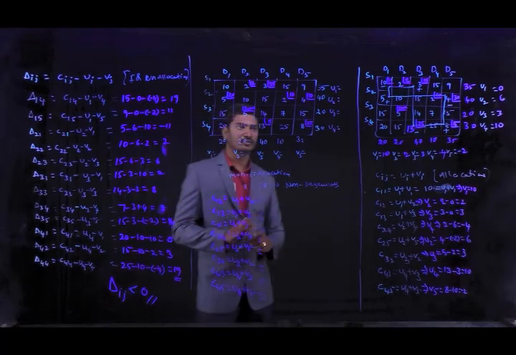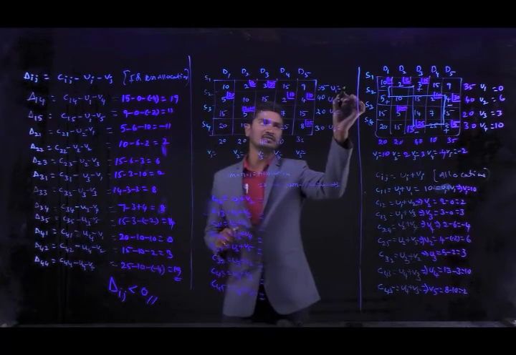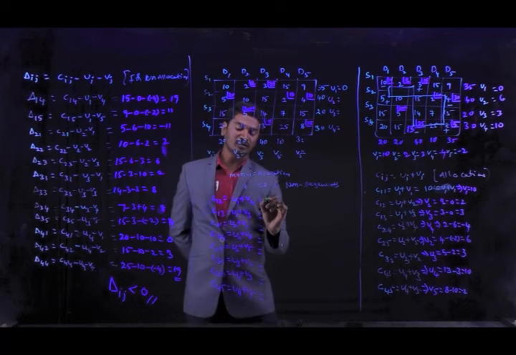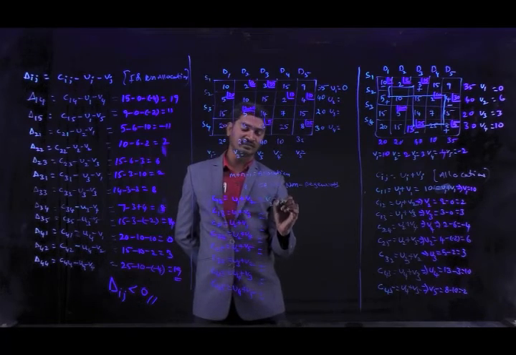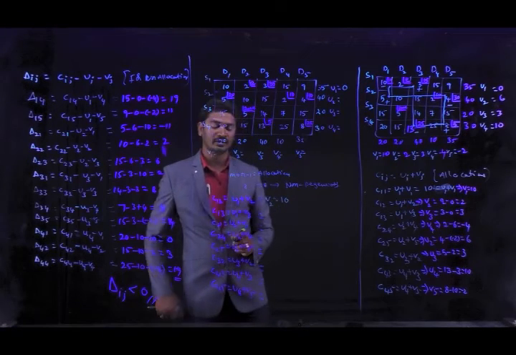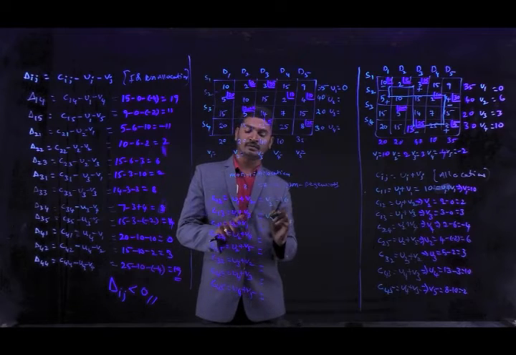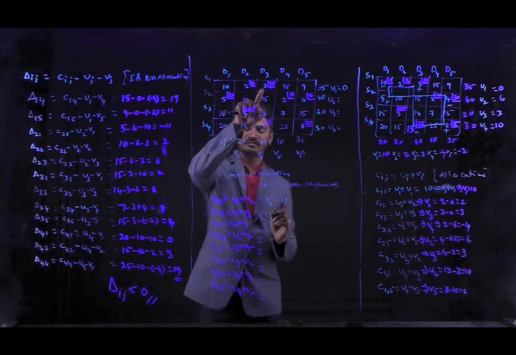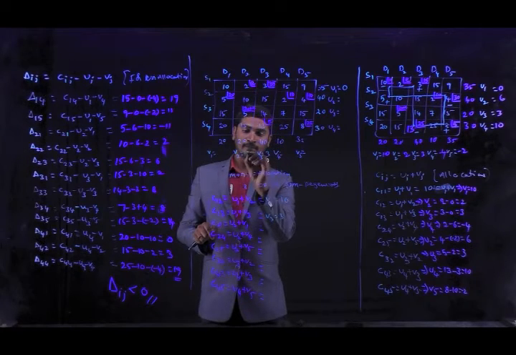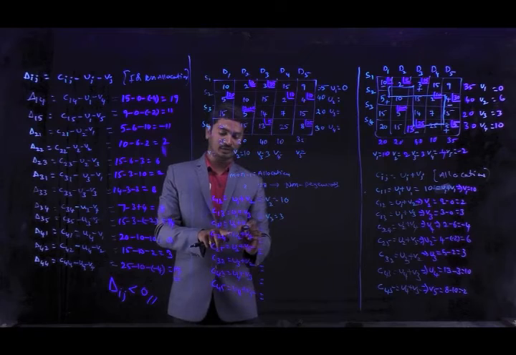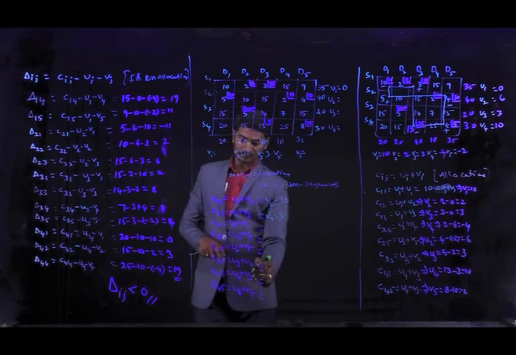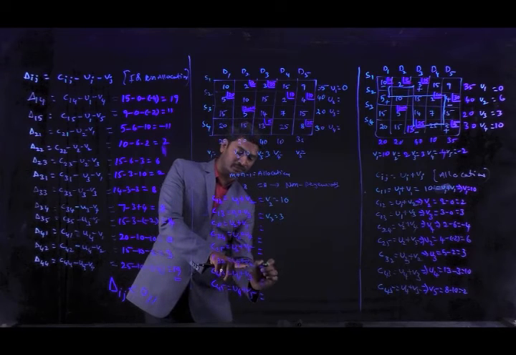First we assume any one shadow price is equal to 0, not only U1. Here I would like to take U1 equal to 0. After taking U1 equal to 0, we get the V2 value: V2 is 10. Next, from V3, the C13 value is 3, so 3 minus 0 gives 3. Here we don't know U1, U2, so we go for another one. Here we know the V2 value, so we get U3 from this.